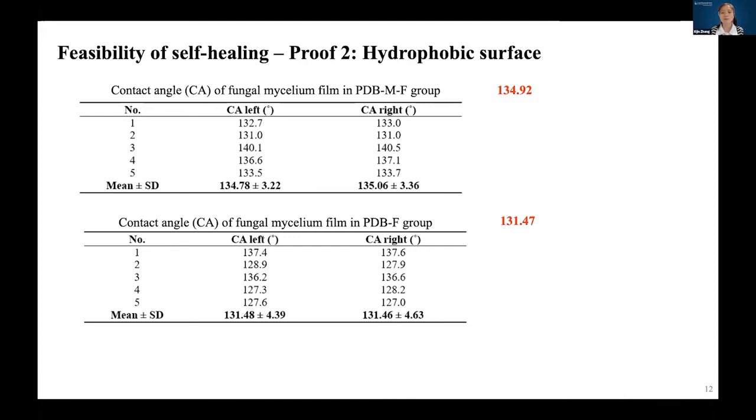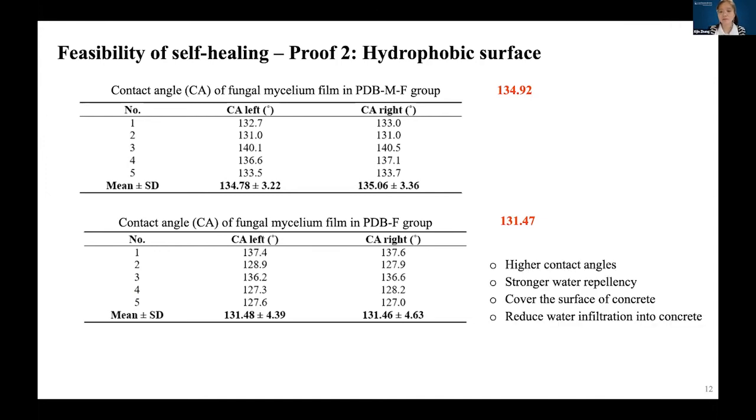When they grow with pure nutrition, we got a contact angle of 131.47 degrees. So when the fungi interact with the Moda, we can get higher contact angles. When we cover the surface of concrete with mycelium with stronger water repellency, we can potentially reduce the water infiltration into concrete.